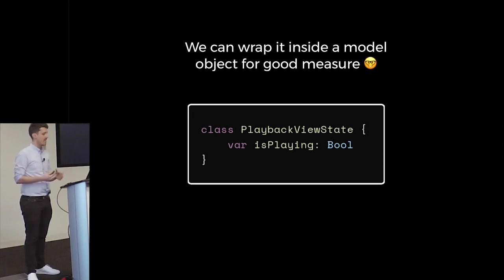So we can take that and wrap it inside of a model object. In this case, I guess it's kind of trivial, we don't necessarily need to do it, but for any view where you're going to have more than one property, you might want to wrap those in a model that represents the state of the view. One might even call it a view model.